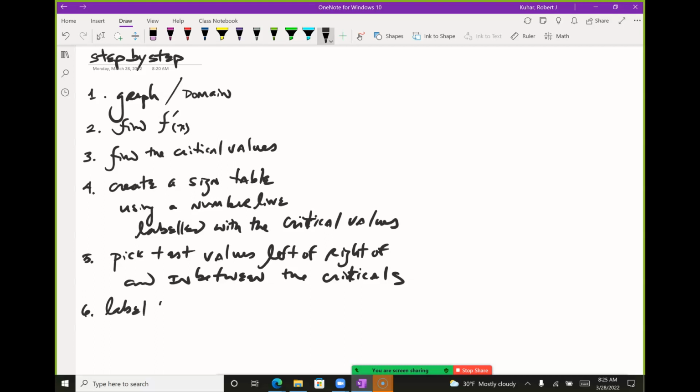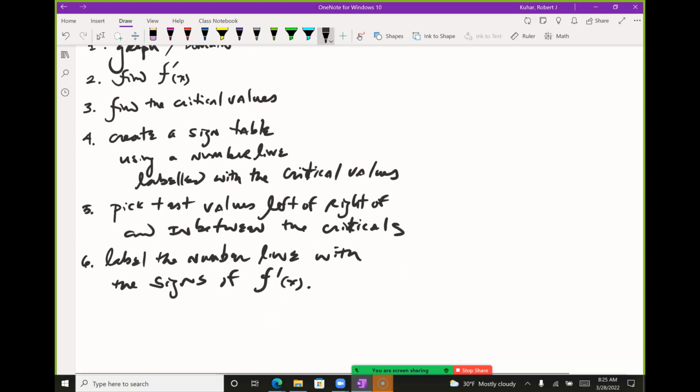Label the number line or the sign table with the signs of f prime, right? We're doing a first derivative test, so you're plugging those test values into the first derivative to find whether the derivative is positive or negative at that point.